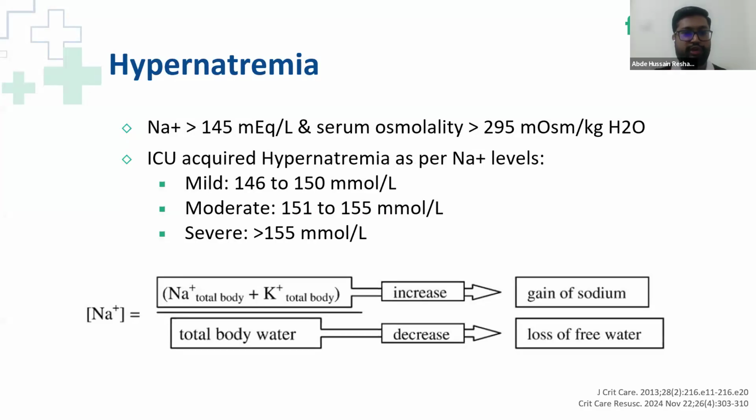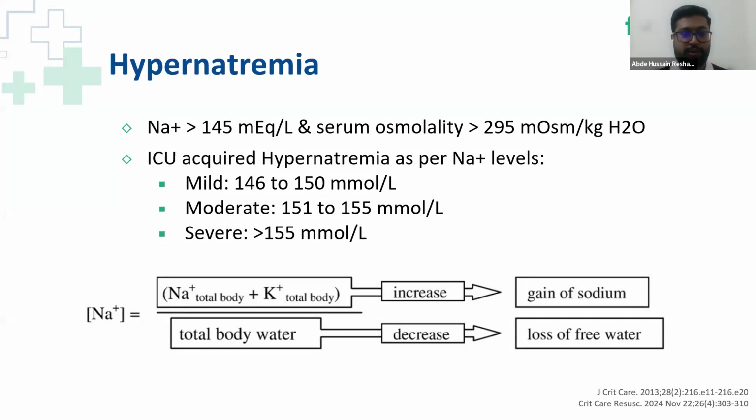So what is hypernatremia here? A serum sodium of more than 145 milliequivalents per liter and a rise in serum osmolality above 295 milliosmoles per kg. In ICU-acquired hypernatremia, as per the sodium levels, we can distinguish them from mild to moderate to severe.